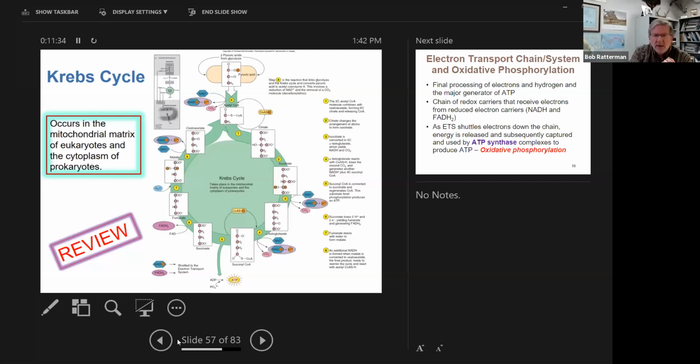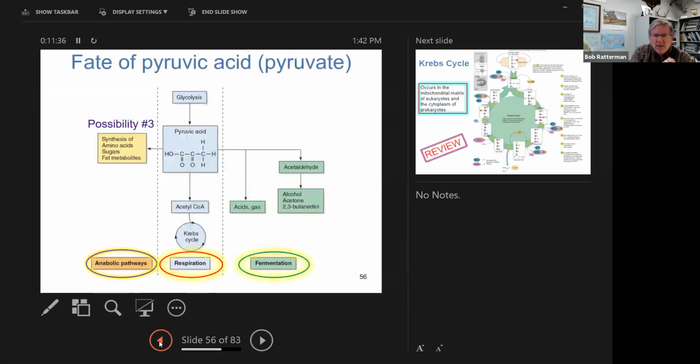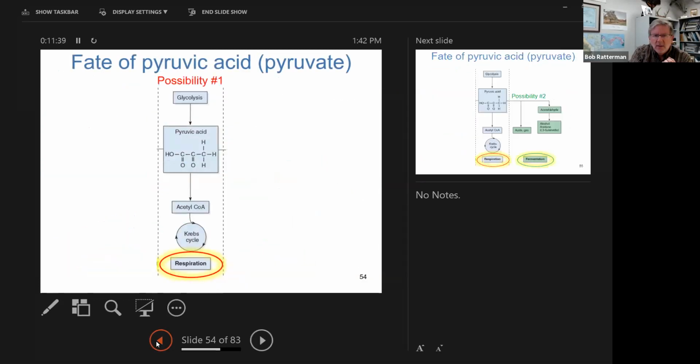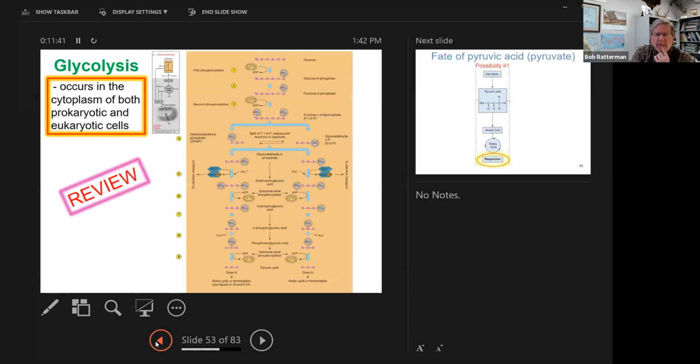This one, and this one. And don't get all caught up in where this 6-carbon compound is broken and what the names of these intermediary molecules are. You don't need to know that. You do need to know glucose. You do need to know pyruvic acid or pyruvate. You do need to know how many NADHs are made. You should know the net gain of ATP. And that's about it.